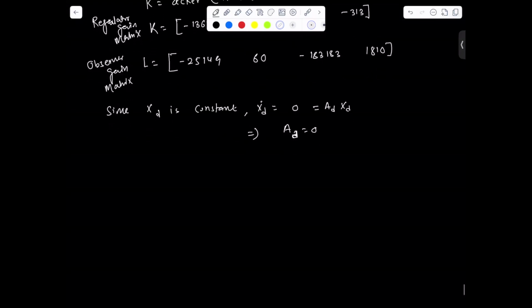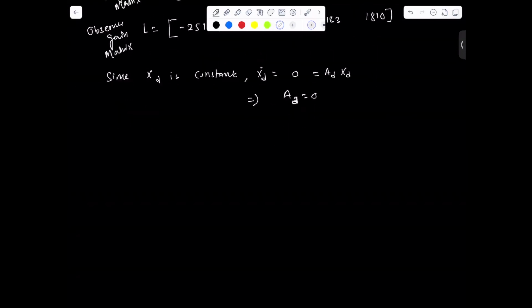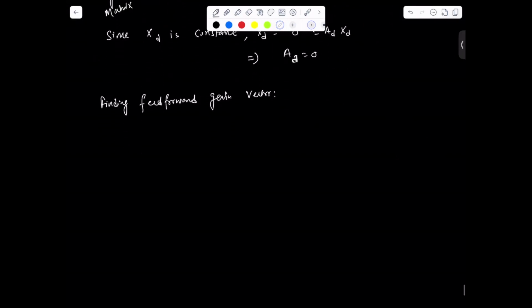Now we have to find the feed-forward gain vector KD. For that, as you remember, we had this equation in lecture number 5: Ad minus A plus B KD, multiplied by xd, equal to 0.